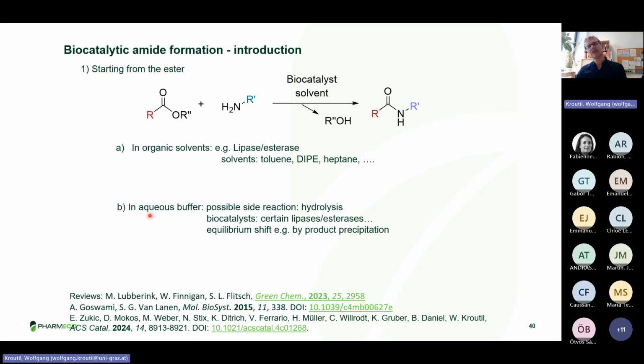Or, which is not that broadly used, to do the same in water, in buffer, in an aqueous solution. Because when you use hydrolytic enzymes, there is a high chance that you will have hydrolysis of your esters to the acid. So you need to find a way that the amine is preferred, giving you the amide as the product.